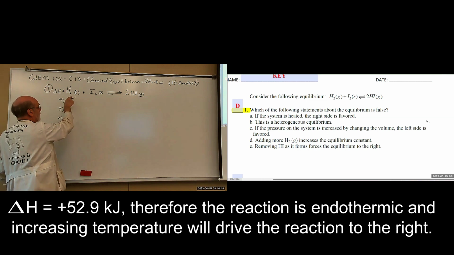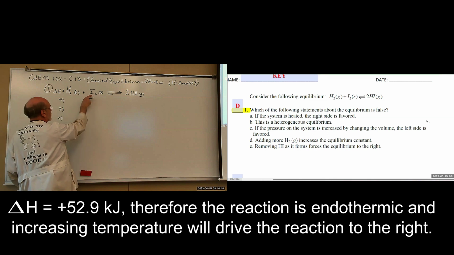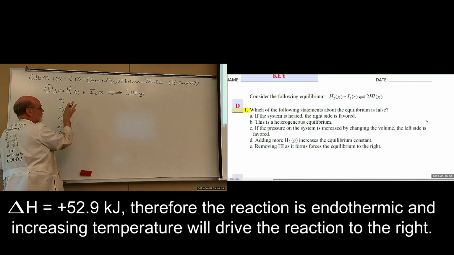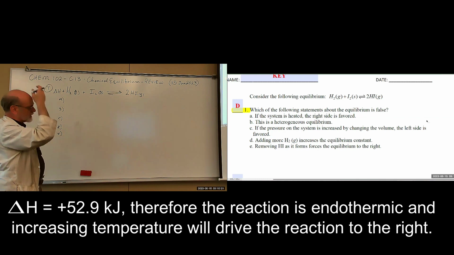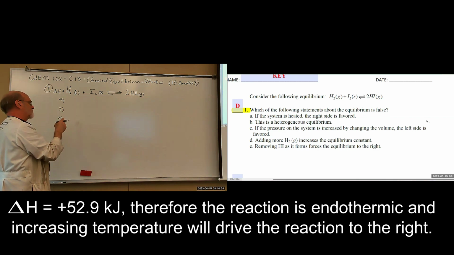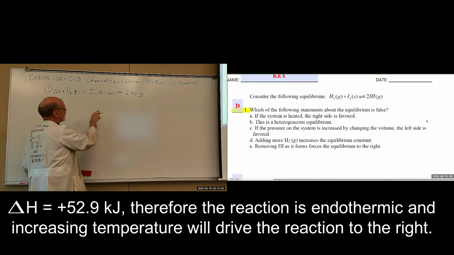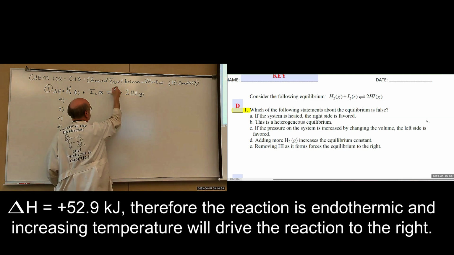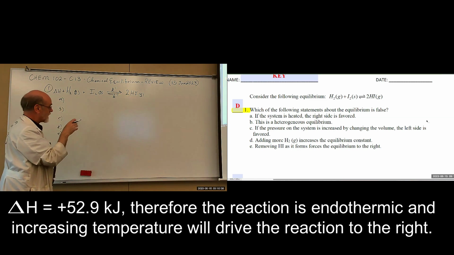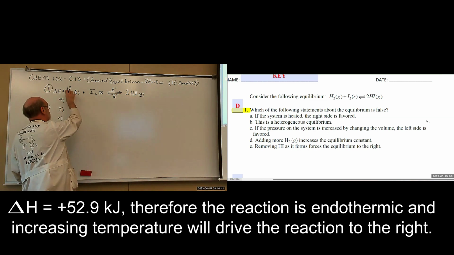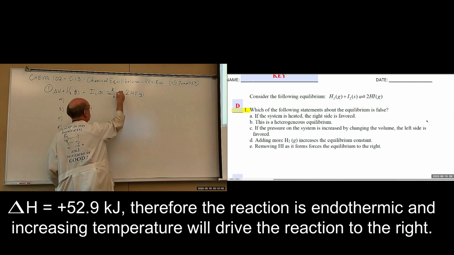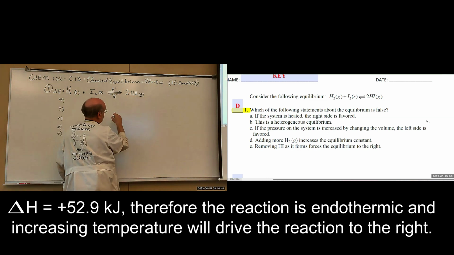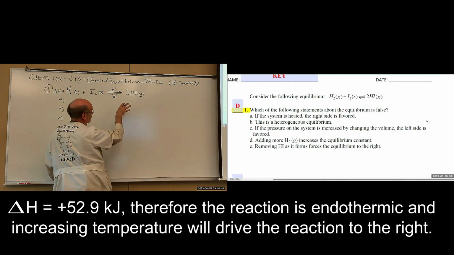Well, we're going to increase the kinetic energy of this one and that one. So when they collide, they're more likely to have a reaction. Which would do what to the reaction rates? Well, if we think of them in terms of the reaction rate constant, then if we increase heat on this side, we're going to increase the rate here. Right? And that's telling us that the right-hand side is favored.